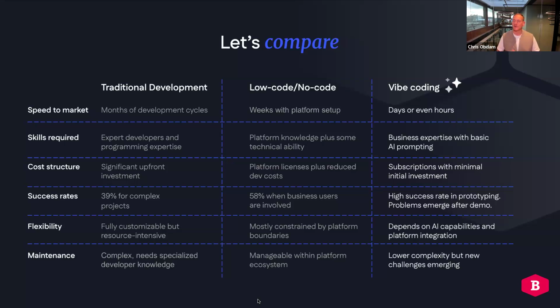The success rate is really high, especially when you're doing prototyping, because you can do prototyping so fast. It helps. If you look at the AI capabilities, the flexibility that it brings, it depends a little bit on the AI model that you use, although most AI models are kind of behaving in the same way in the last couple of months. Maintenance is lower, right?